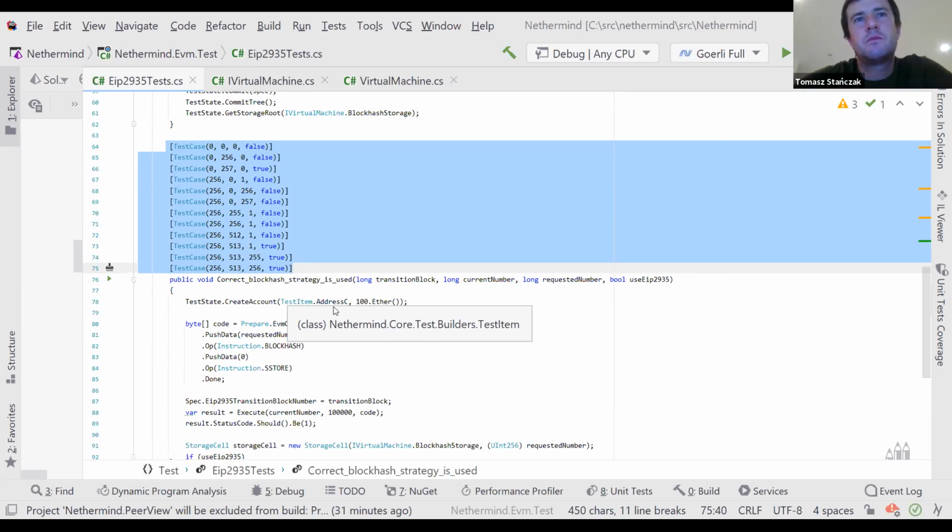So it's a much cheaper operation than executing it in the virtual machine. Yeah, that's about it, I guess. If there are any questions, or suggestions that I missed something important to add here.